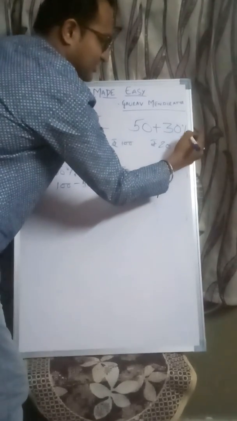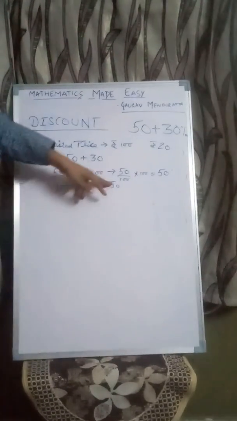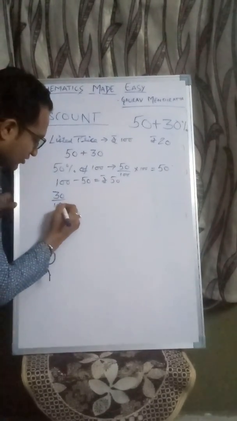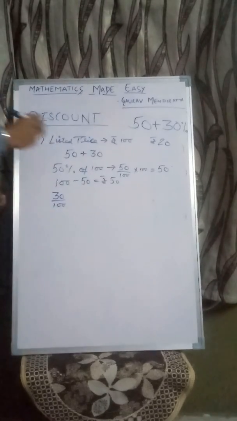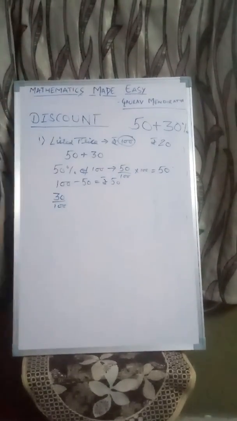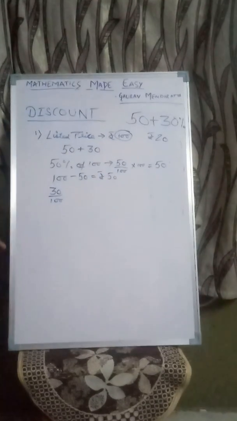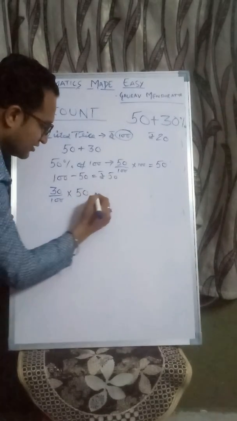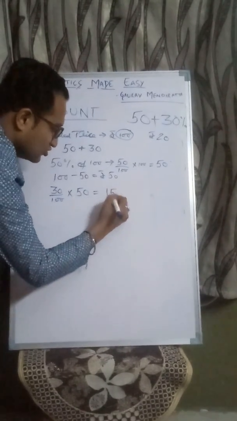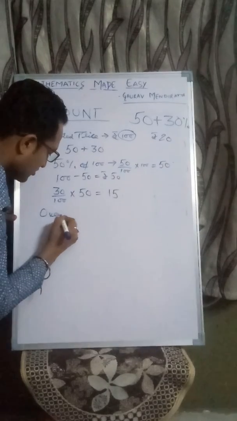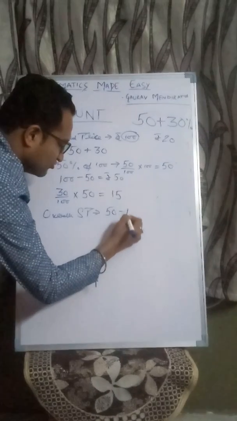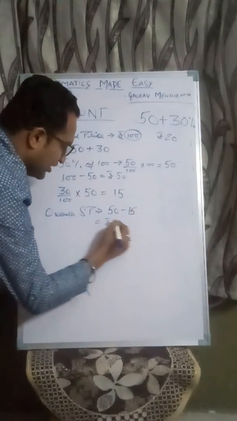The next successive discount that will be applicable, that's 30%, will be applicable on this remaining amount. Okay. So how much is that? 30 by 100. Just make sure friends, do not take this as the price now. Now the price is reduced to 50 rupees. Make sure of that. So 30 upon 100 into your 50 rupees. That's 15. So the overall selling price would be 50 minus 15, that is 35.